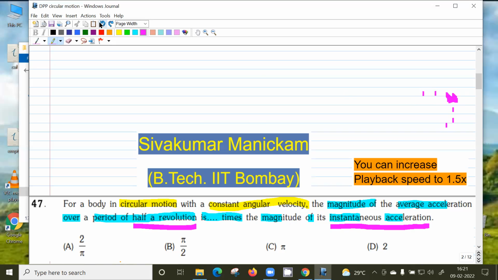Both radial and tangential acceleration? Constant angular velocity, so there will be only radial. If omega is changing with time, then tangential acceleration will be there. Here omega is constant, so only radial acceleration is there.